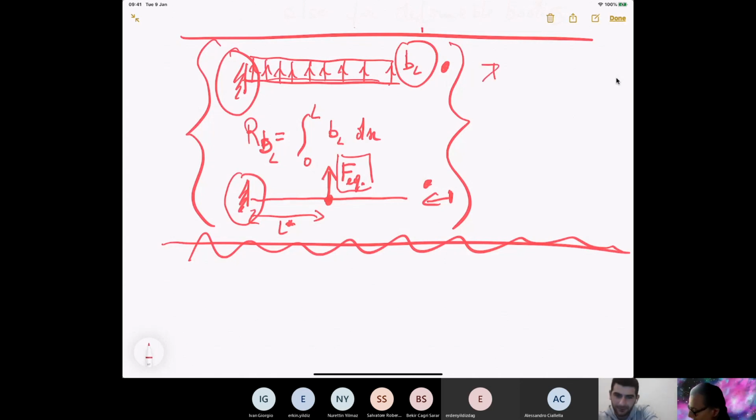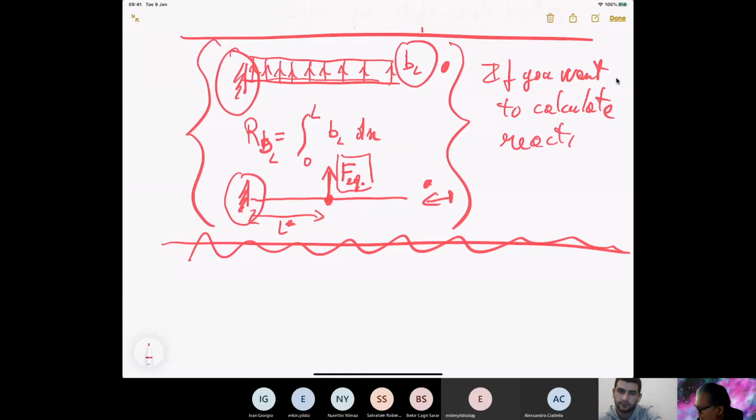So you write the cardinal equations and you get the same result. So if you want to calculate reactions, you can replace 1 with 2.